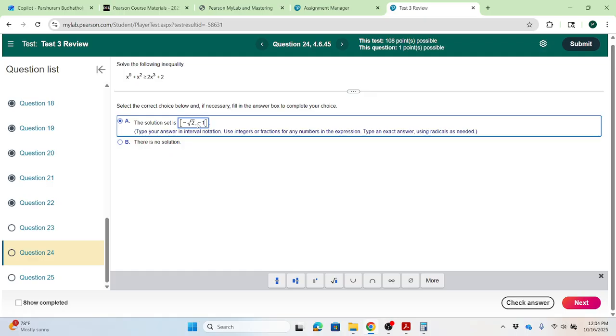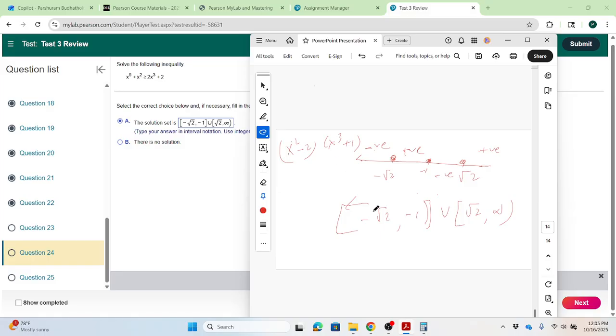Negative 1, and then union, and then bracket, positive square root of 2 comma positive infinity. Because on this interval, this function is either positive or 0.